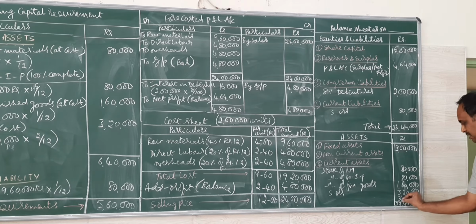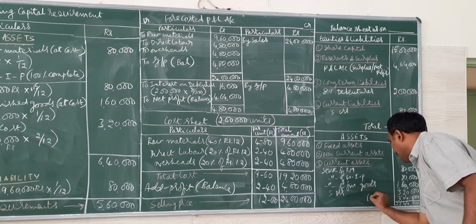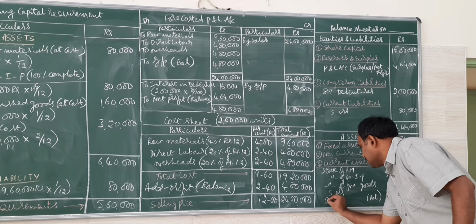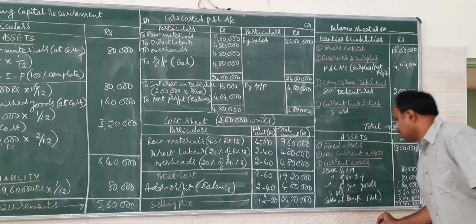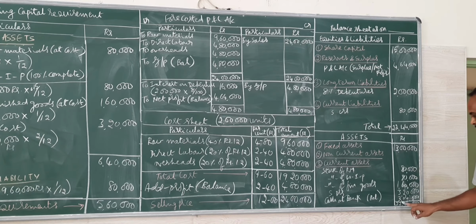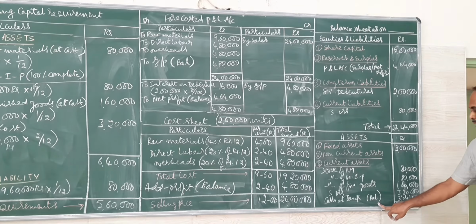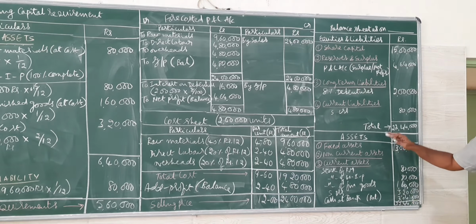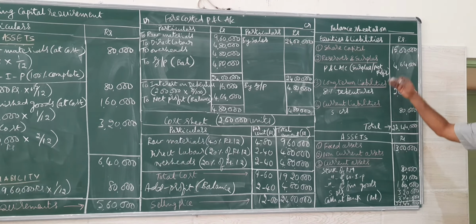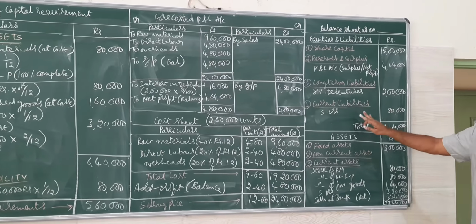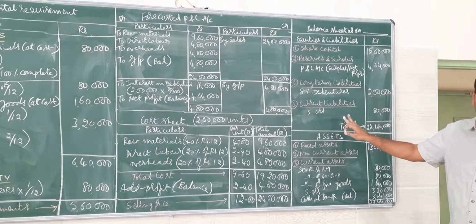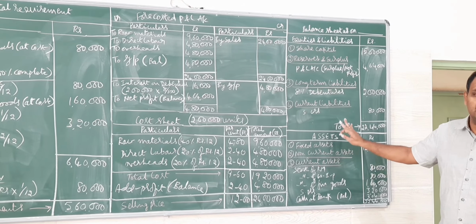So when the difference is 3,04,000, that balance amount I will take as cash at bank. So the balance on the asset side, 3,04,000, I take as cash at bank. If assets are more and liability is less, we take it as a bank overdraft. So please be careful, the balance sheet may not tally, there will be a difference. So please check for that.